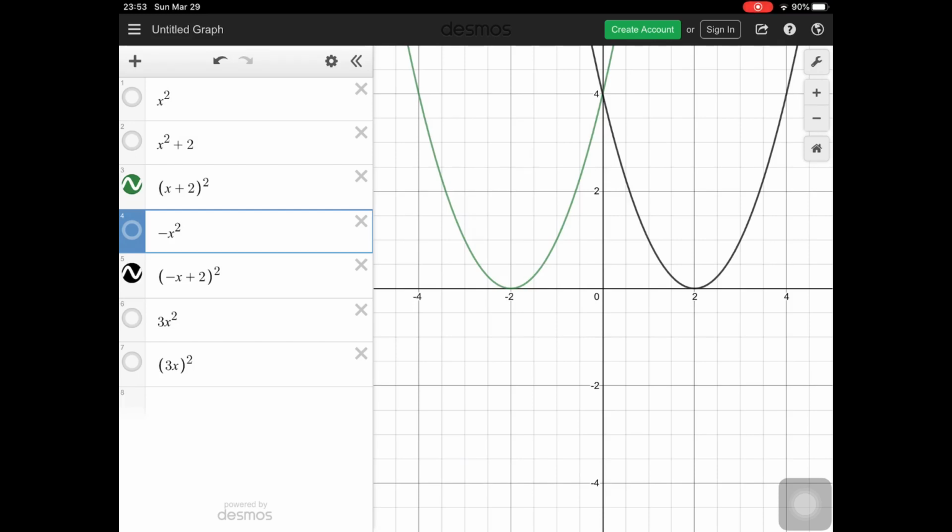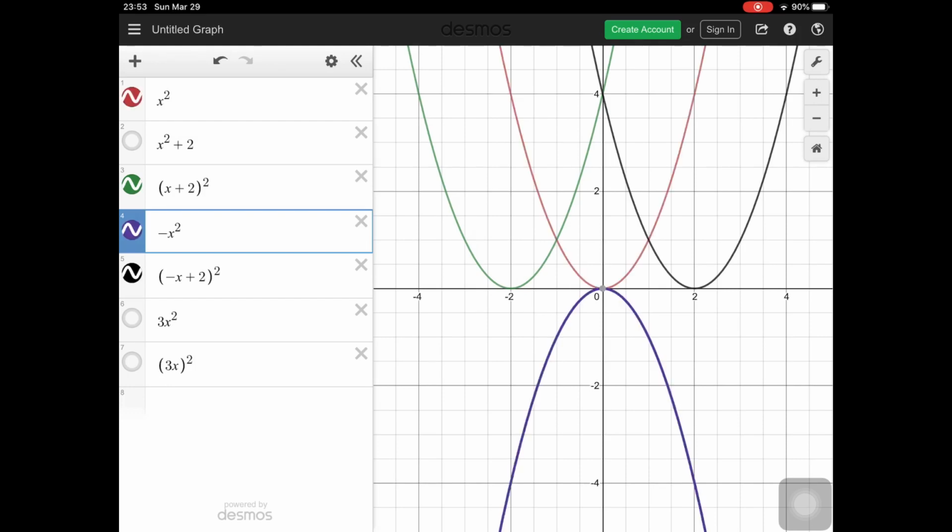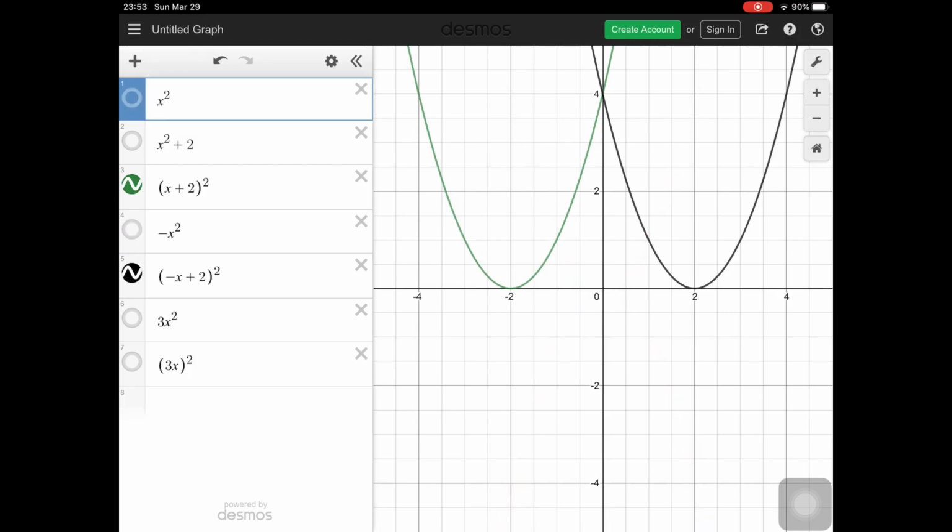In this case, the y-axis is acting like the mirror, okay? So we have two types of reflection: on the x-axis, which was this case with respect to the red one, and with respect to the y-axis, which is the green function versus the black function, okay? So the y-axis acts like a mirror in this case.